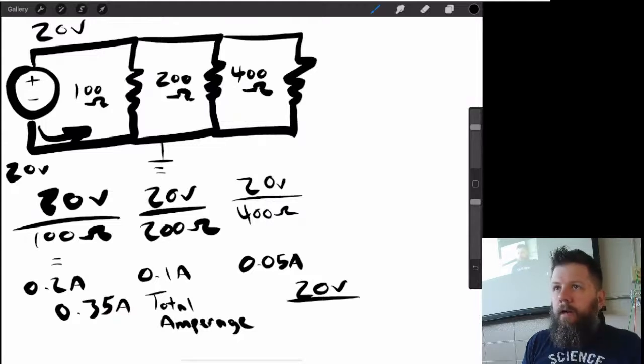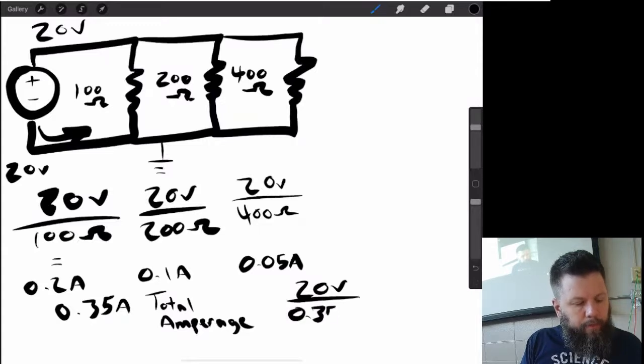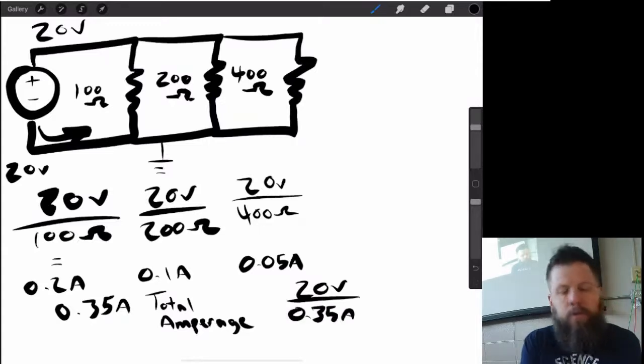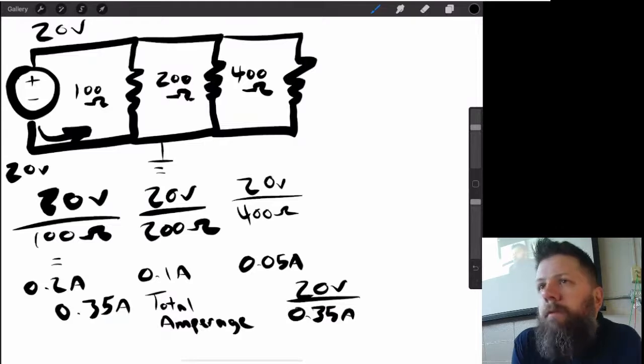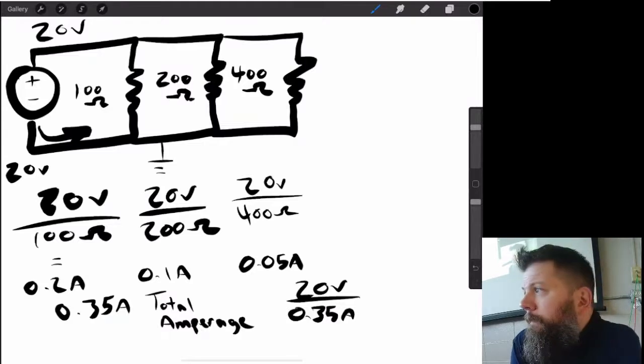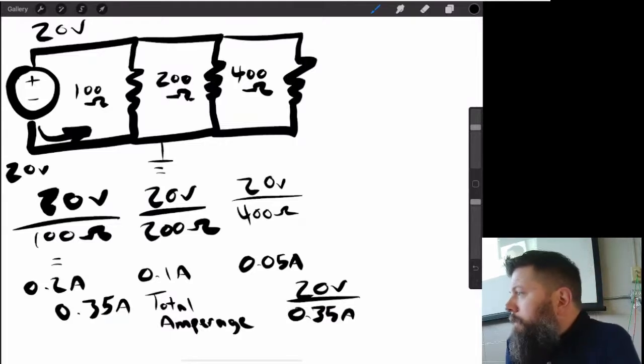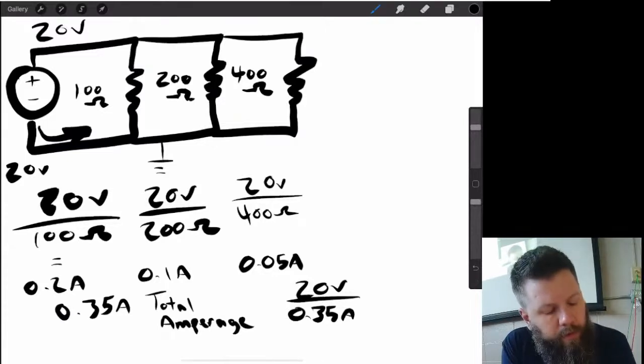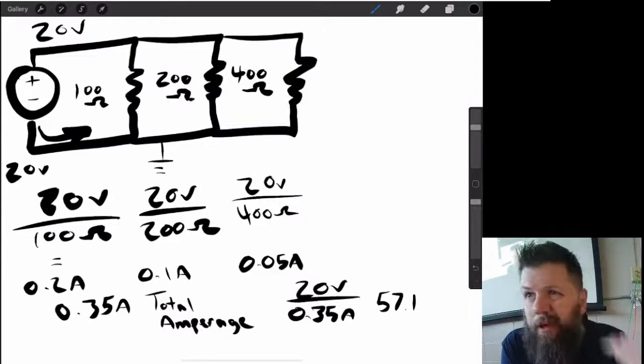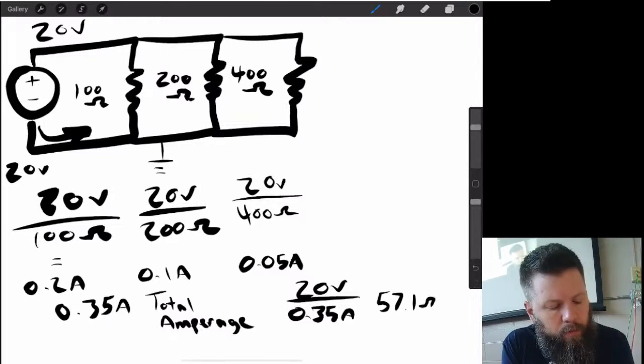E over I, so voltage up top, current down here. So 0.35. Somebody do that 20 divided by 0.35. You said 57.1? Okay. So we've got 57.1 some change on total resistance.